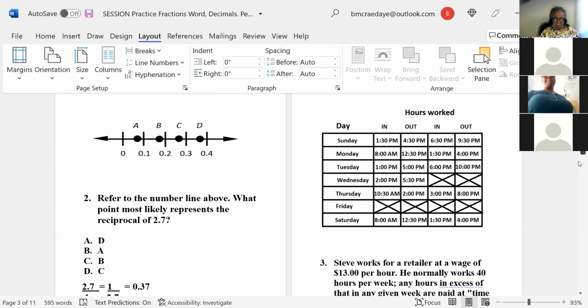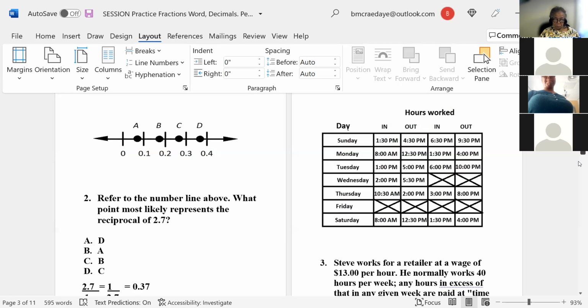What's this? 1:30, 2:30, 3:30, 4:30. The first one is 6 hours. Yeah, Sunday was 6 hours. What did you get for Monday? The total for Monday was what, Mercedes? 7. Okay. What did you get for Tuesday? 8. What about Wednesday?